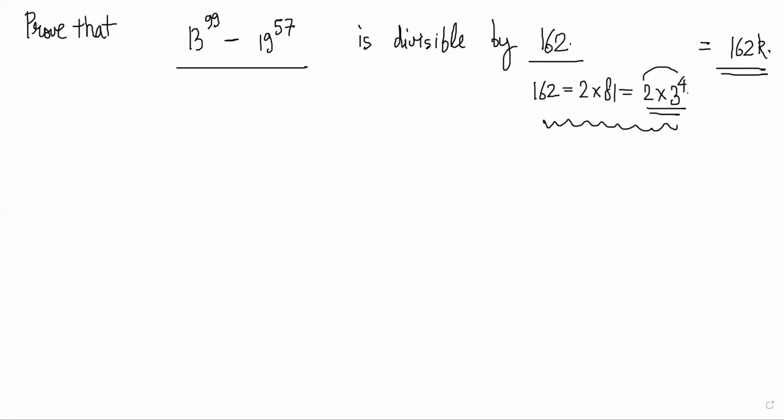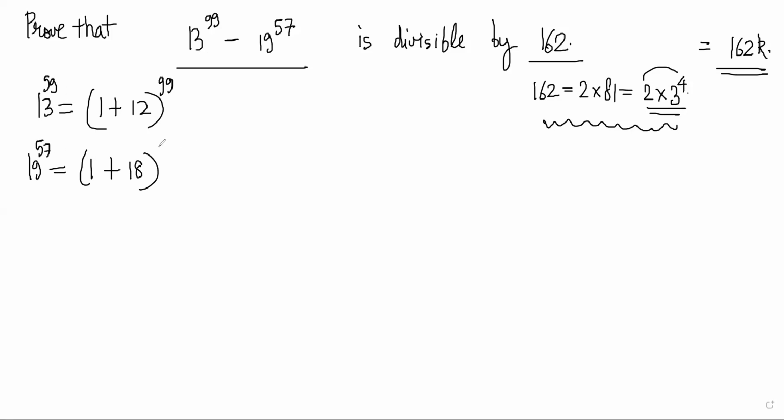expanding this. So what you can do is, 13 can be written as 1 plus 12 and 19 can be written as 1 plus 18. Why are we writing it like this? Because the expansion of (1 plus x) power n is easier to write. So you have 1 plus this power 99 and this power 57.